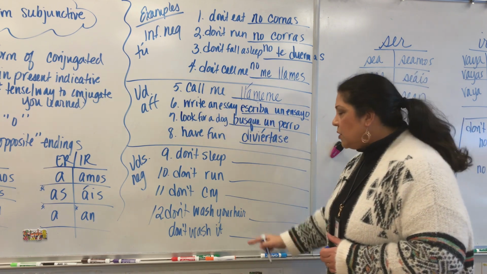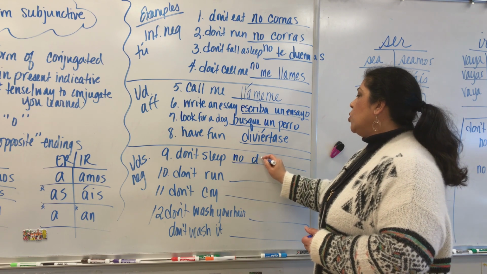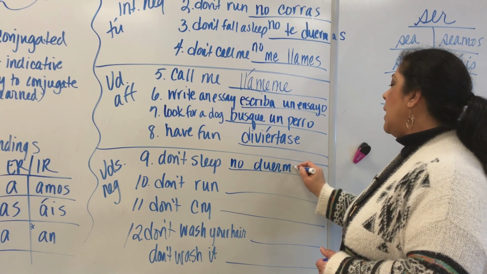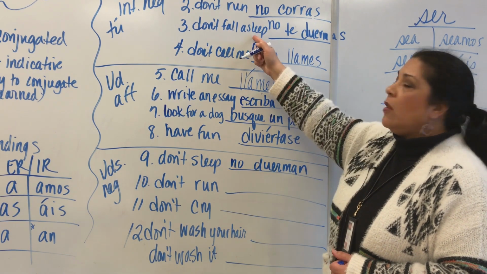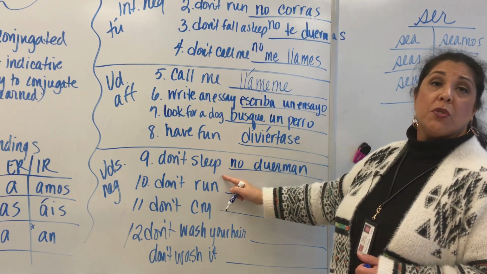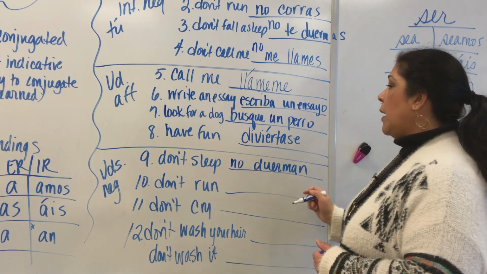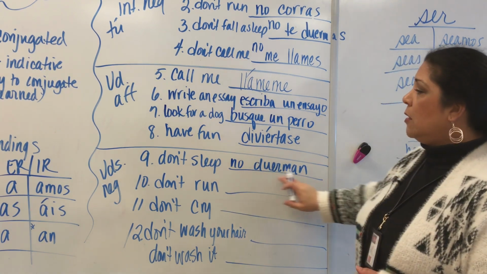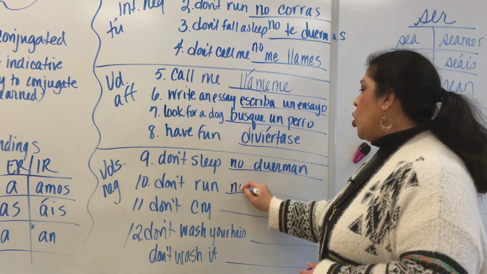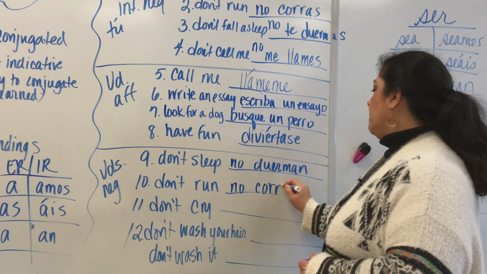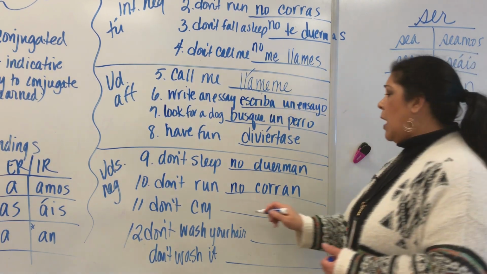All right, now let's do some negatives. So again, you're going to have the no, duerman. This one's different than falling asleep because this is just to sleep, which is dormir. So I don't need a reflexive. No duerman. And again, why is it man? That's right, this is ustedes. Don't run. No corran. Don't cry. I'm telling all of you, don't cry.